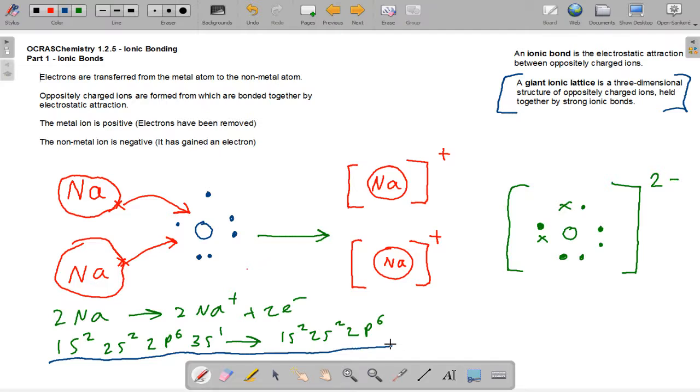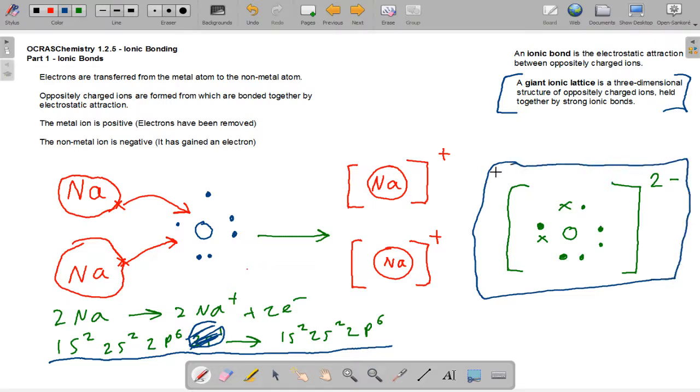So they turn from 1s2, 2s2, 2p6, 3s1 to 1s2, 2s2, 2p6 because that 3s1 subshell disappears when an electron is removed. And you represent all ionic bonding like this.